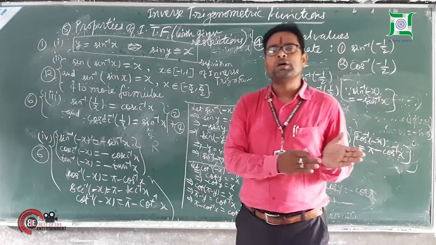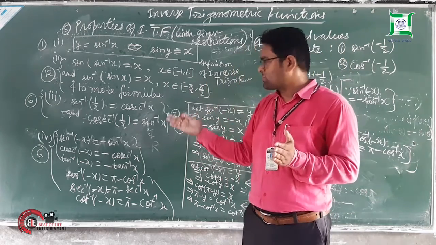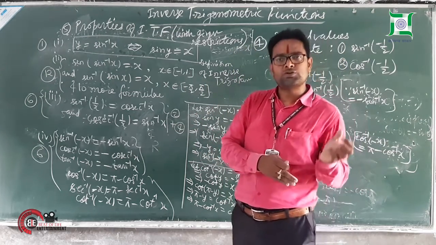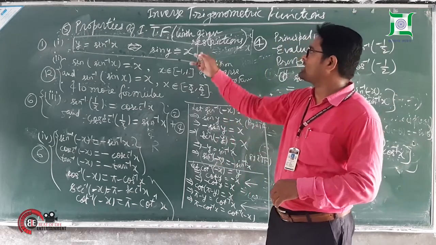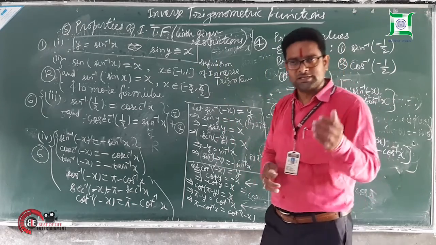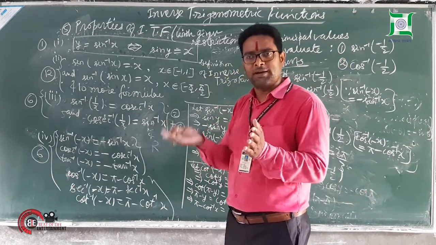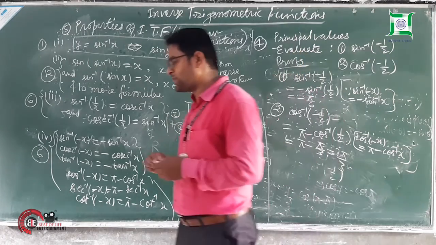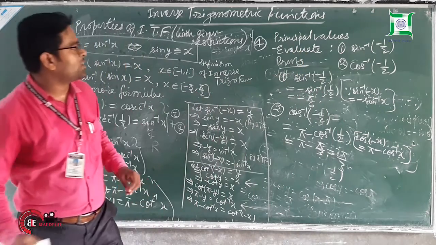It is true in the case of circular functions or simple trigonometric functions, and it also holds true in the case of inverse trigonometric functions. So let us see the three formulas based upon that property.